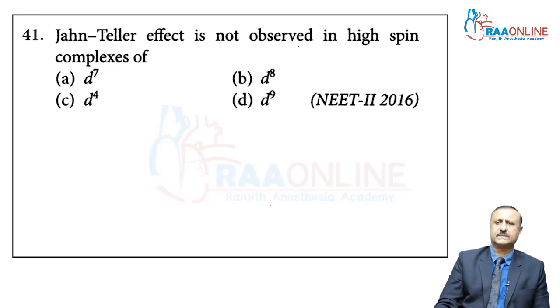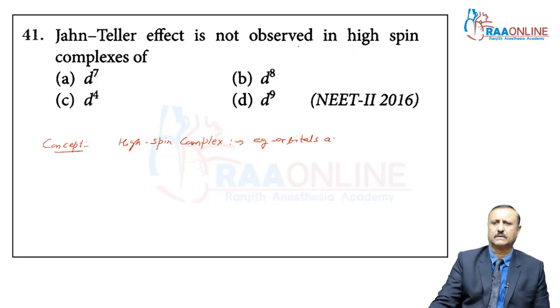Here, my dear students, this question was asked in NEET 2016. Here we can see that the Jahn-Teller effect is not observed in high spin complexes. High spin complexes, it means, my dear students, when high spin complexes are present, it means the eg orbitals are incompletely filled or vacant.